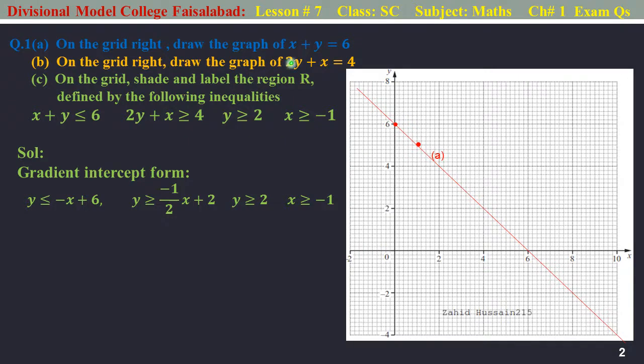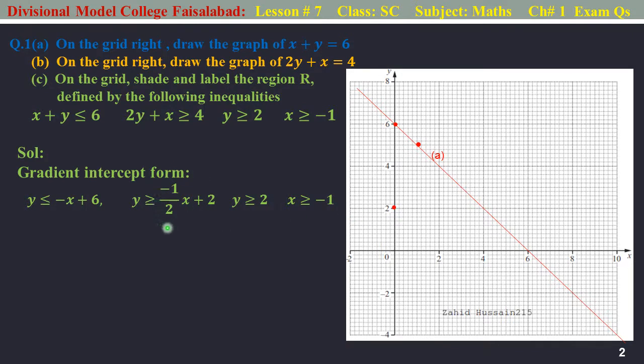Now in part B, the associated equation, this 2y plus x is equal to 4, of this inequality, written in gradient intercept form is this: minus 1 over 2x plus 2. Now its y-intercept is 2, so we will place a dot at 2.